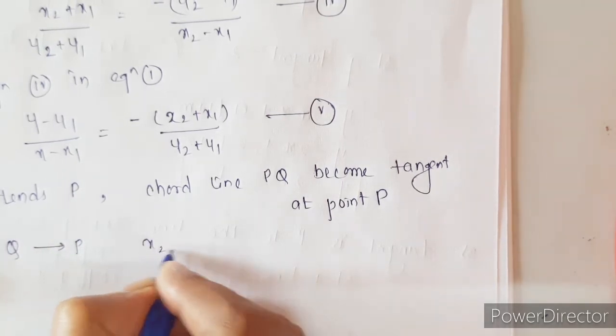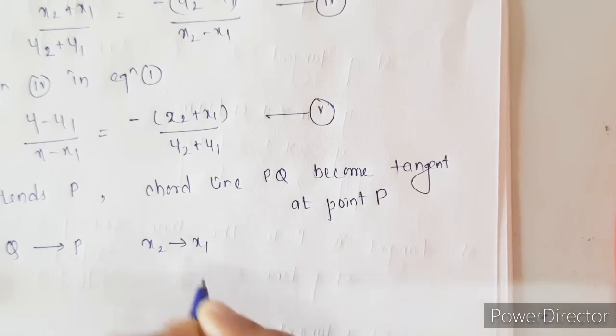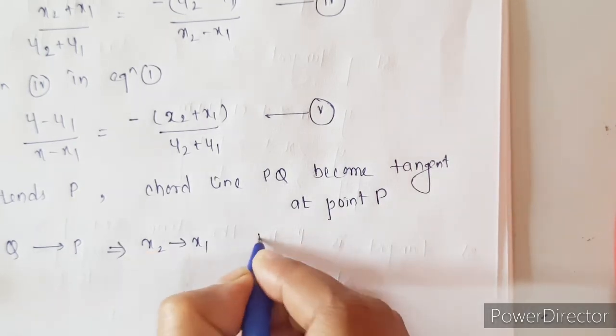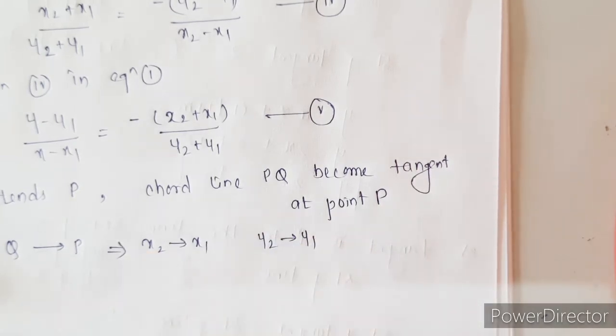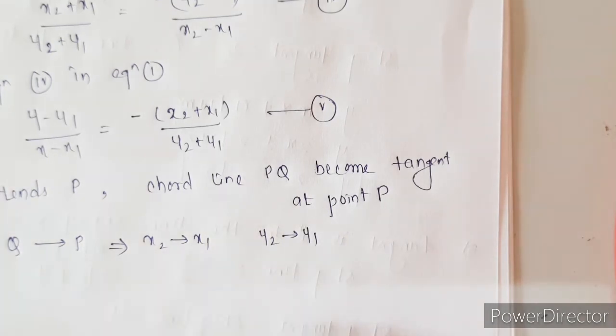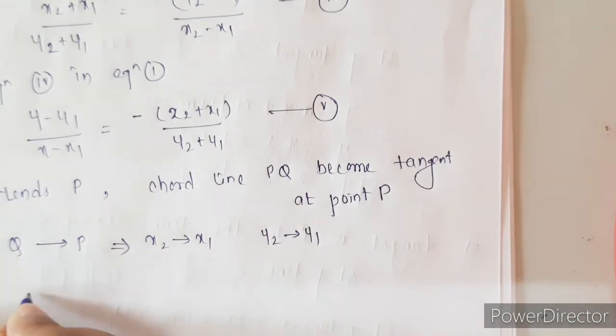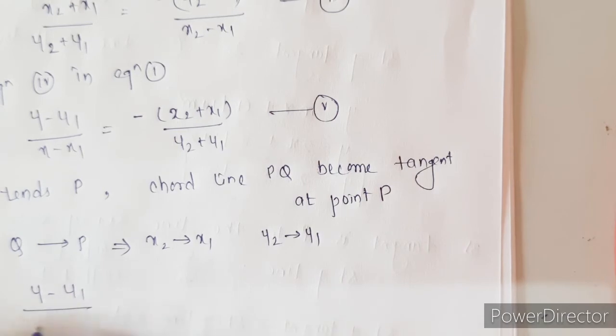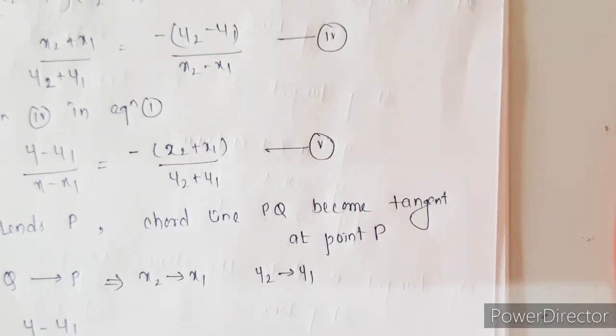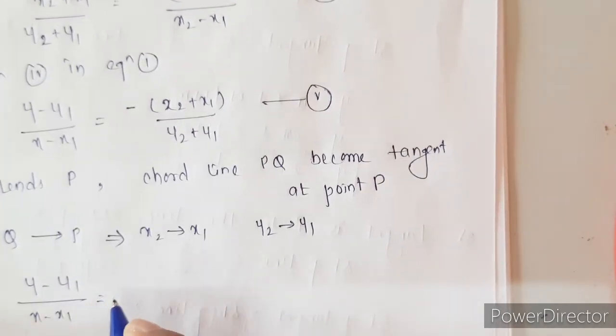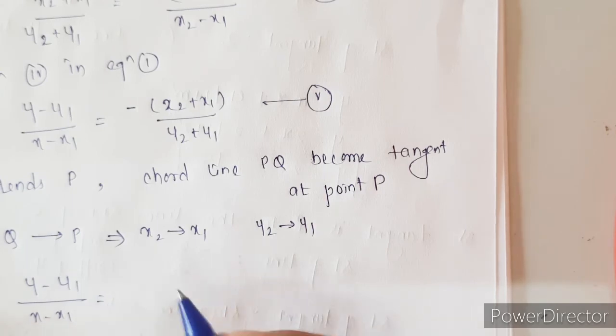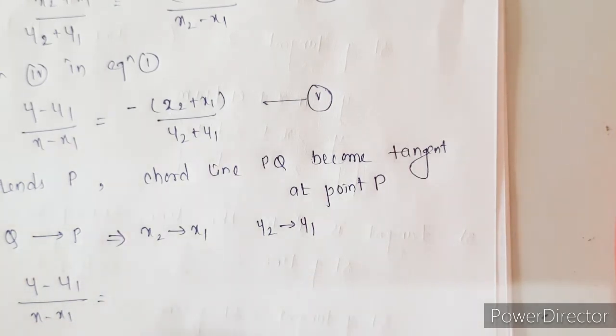So this x2 will tend towards x1 and y2 will tend towards y1, right? So we can write y minus y1 upon x minus x1 equals, now instead of x2 we can substitute x1, because x2 is tending towards x1 as well as y2 is tending towards y1.